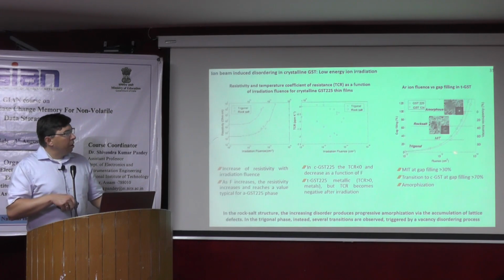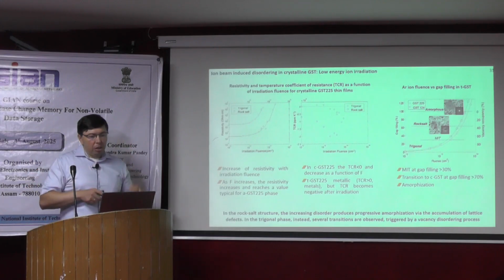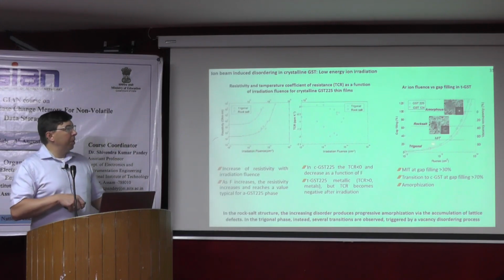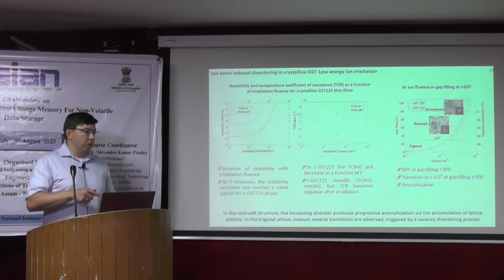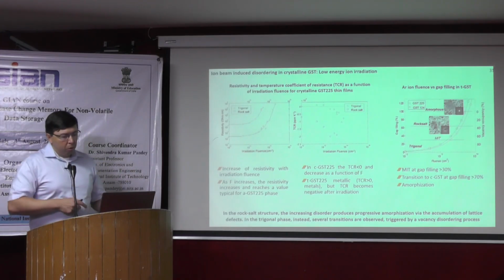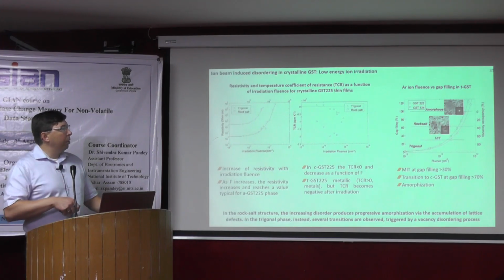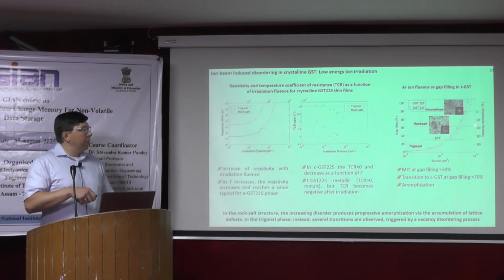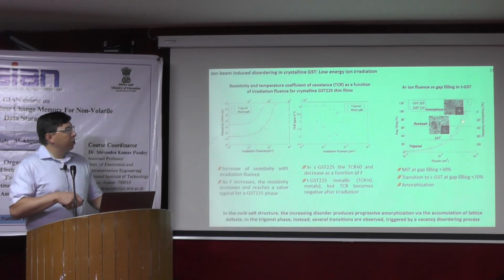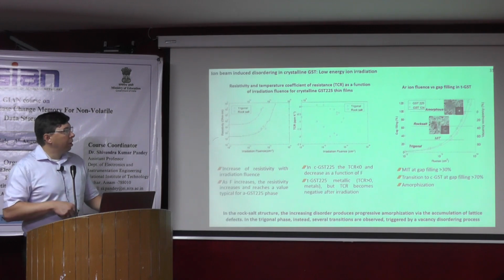So at a value of gap filling of about 30%, the atoms started to move to the gaps, whereas here the metal-insulator transition, the structure transforms most probably to a structure between rock salt and trigonal, and then at higher gap filling, the rock salt structure started to transform into an amorphous structure.